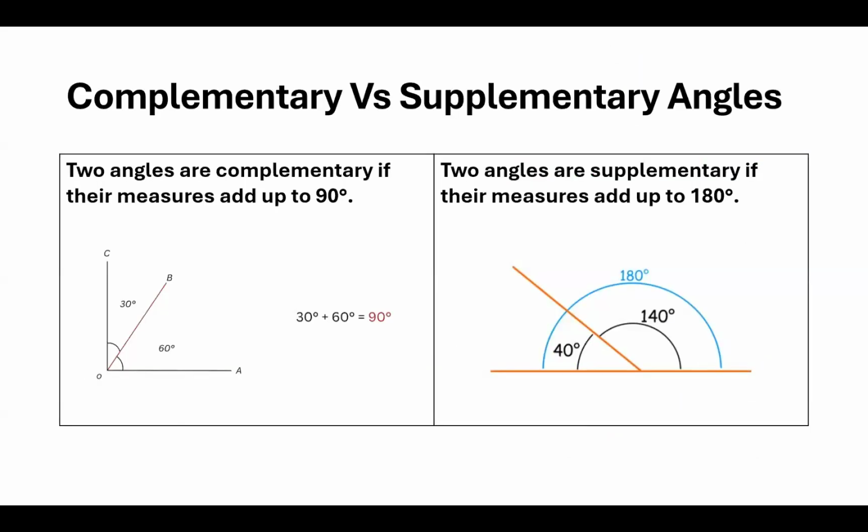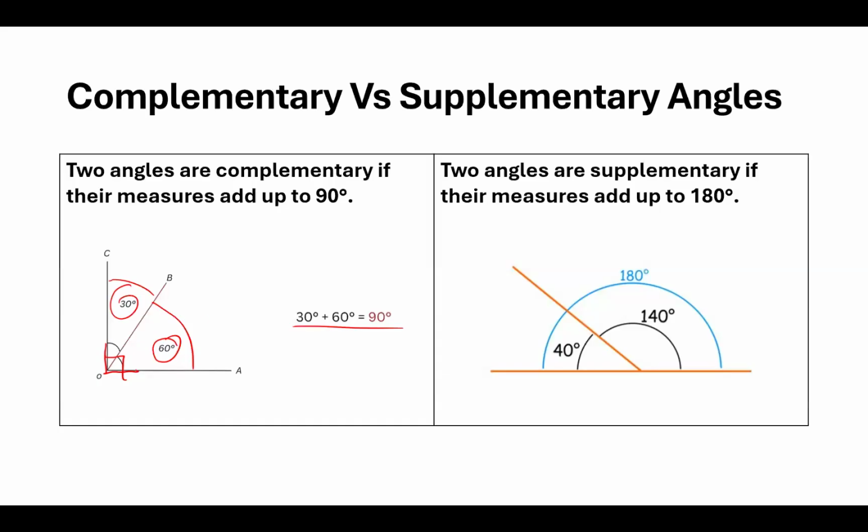Now, the next two more names, we also have what we call complementary angles and supplementary angles. Complementary angles have to add up, they sum 90 degrees. So for example, 30 and 60, if you add them, you get an angle of 90 degrees. You could see here that the sum of these two angles will give you 90.